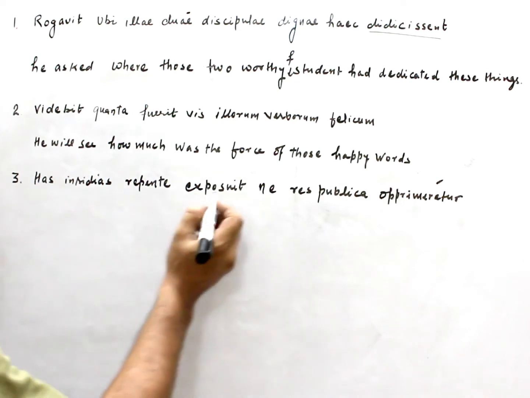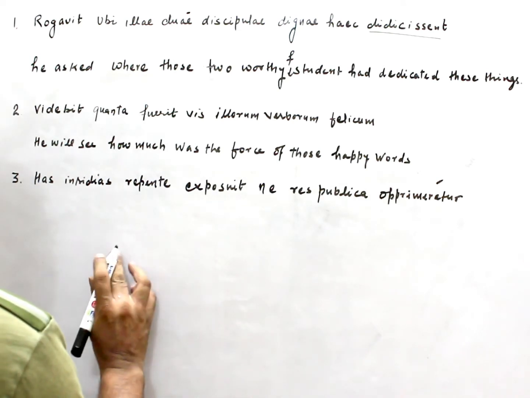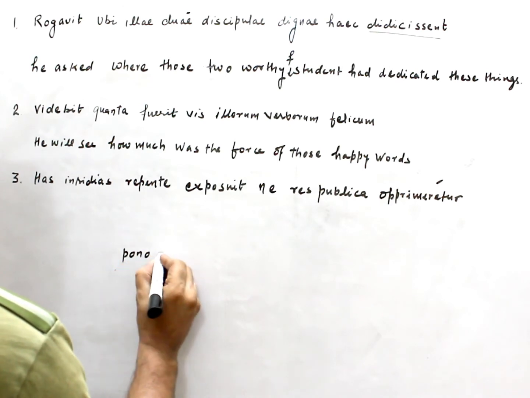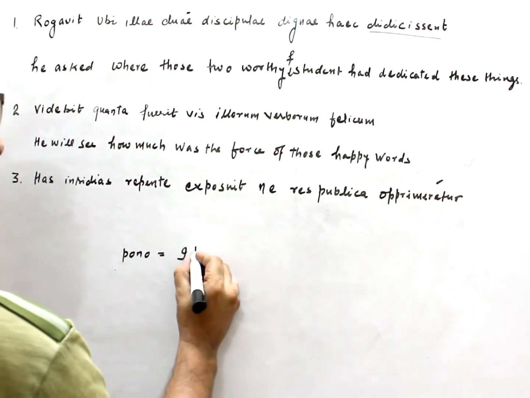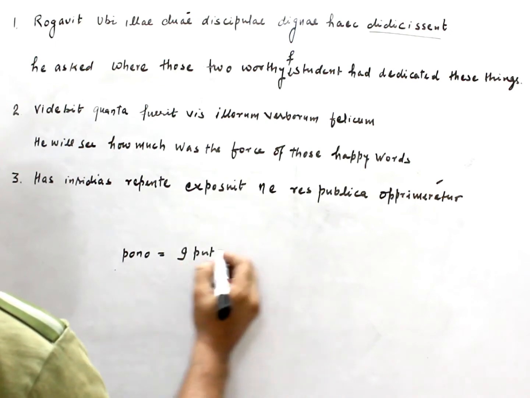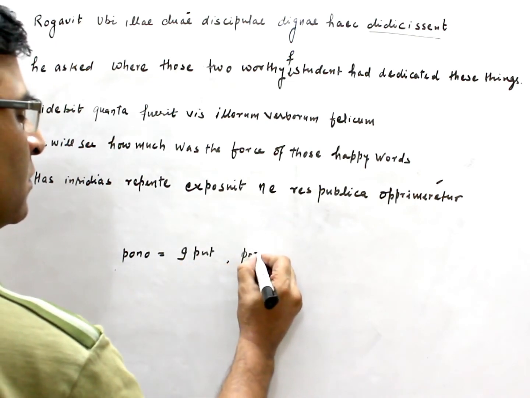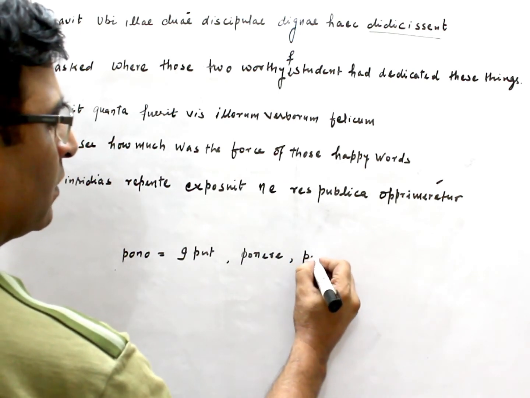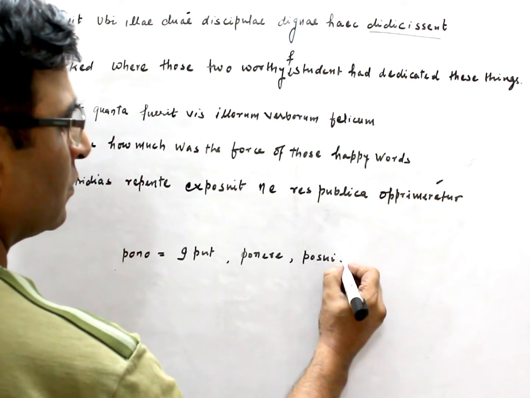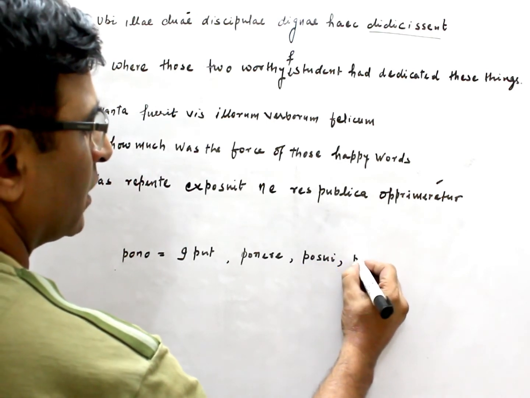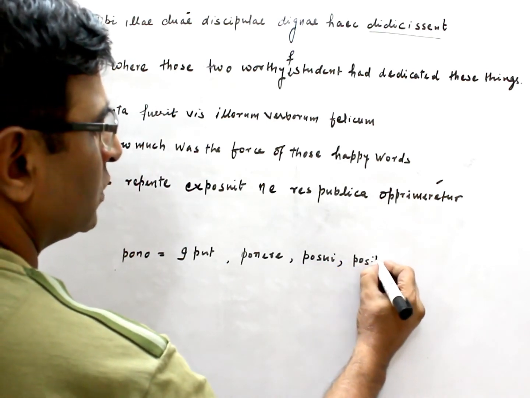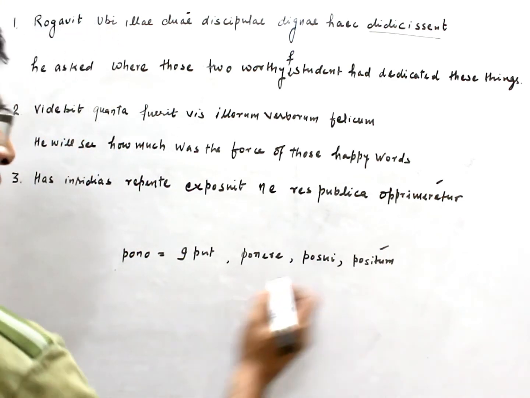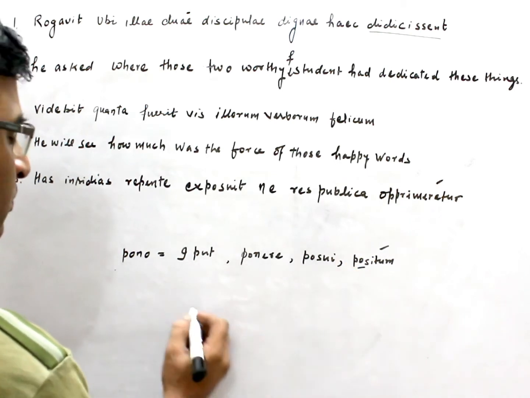So exposuit, the verb is pono. Pono means I put, and its infinitive is ponere, and perfect is posui, and positum is the perfect passive. So you see this root.